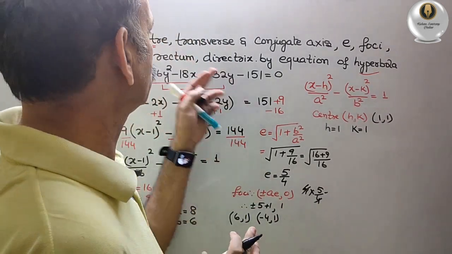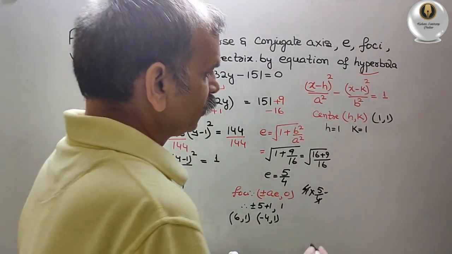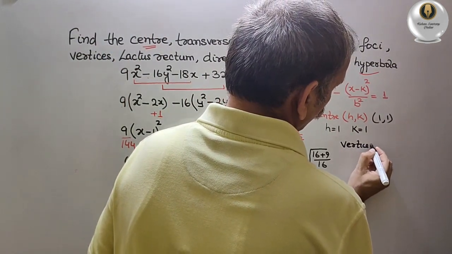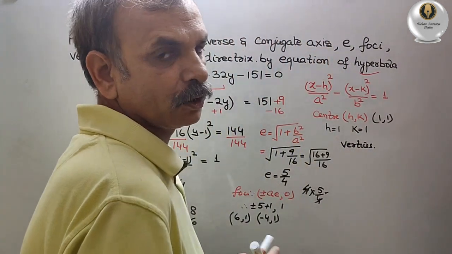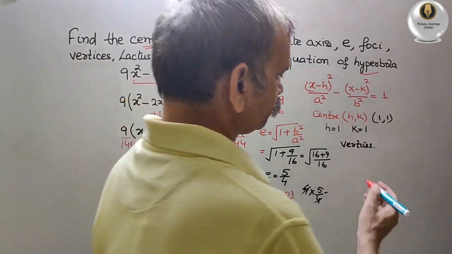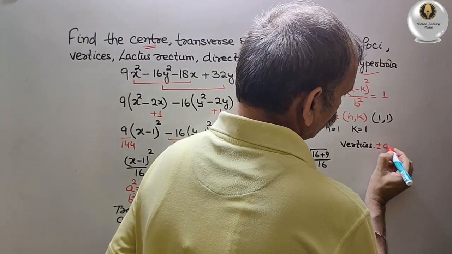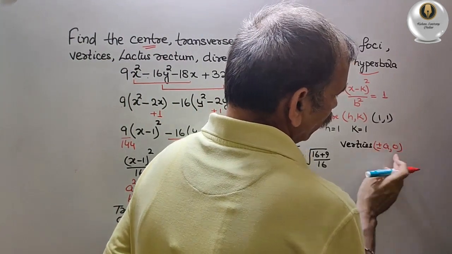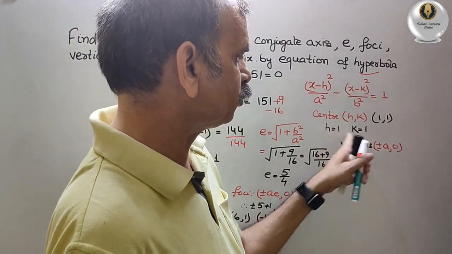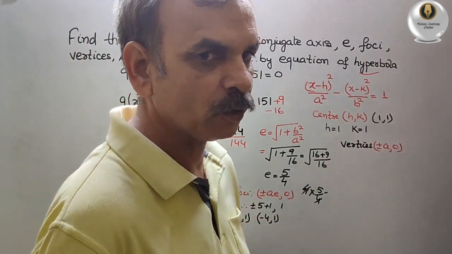Next comes your vertices. So vertices is what? It is plus minus a comma 0 when the center is 0 comma 0. Now it has changed to this value. So what we have to do?